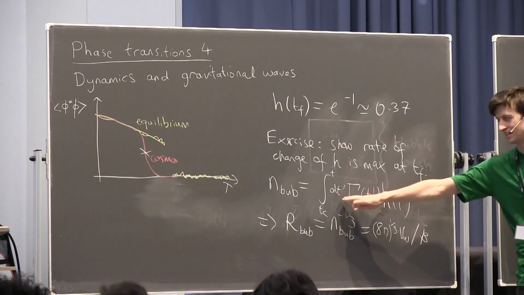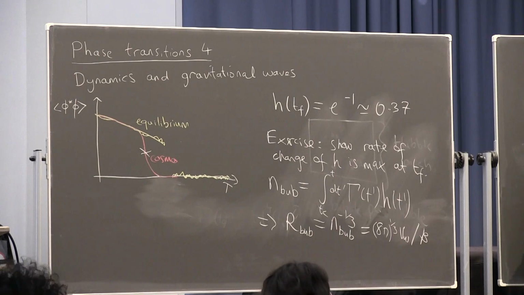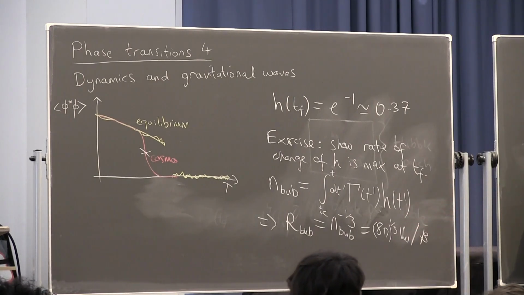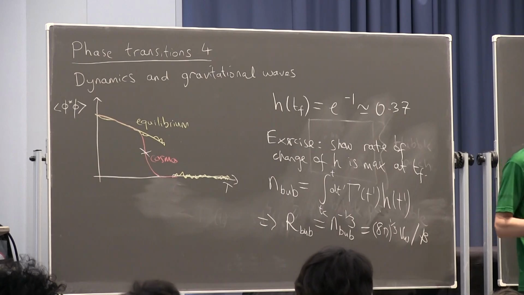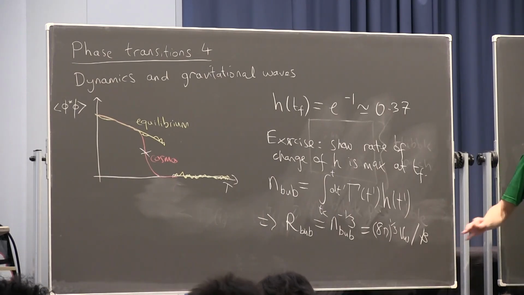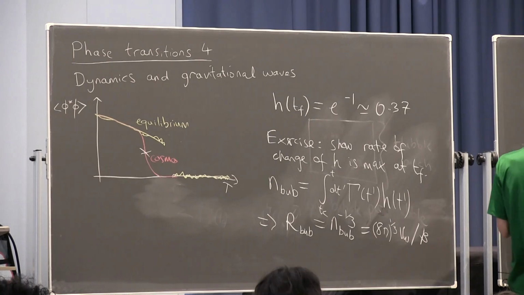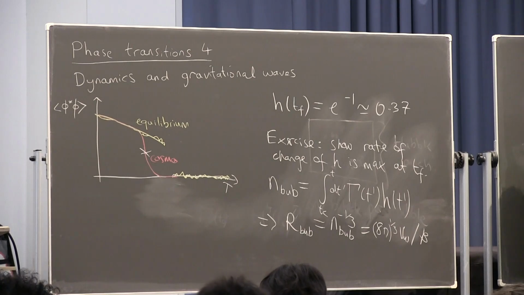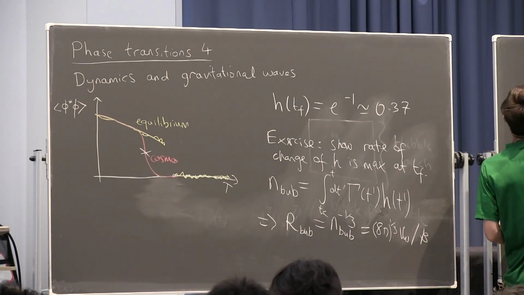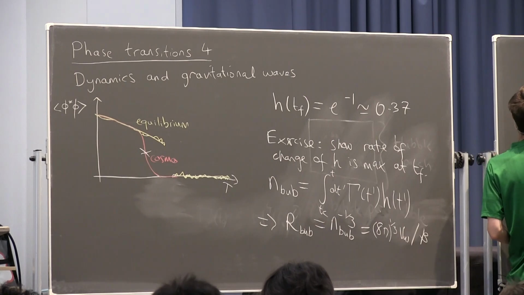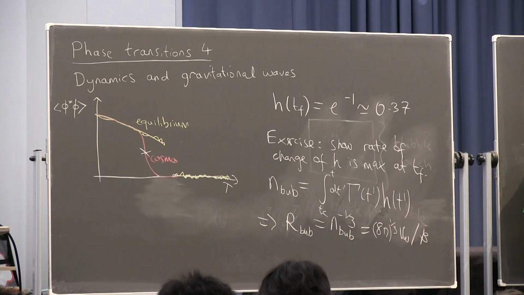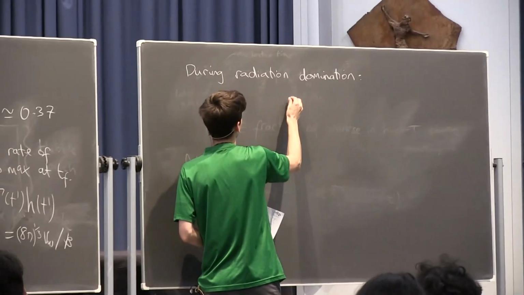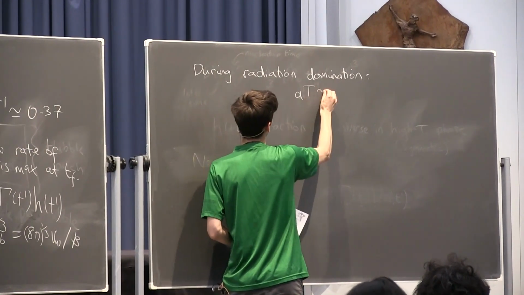Now, everywhere I've had t, and t is slightly awkward given all of our computations before were not in terms of time, but in terms of temperature. So we want to switch out time for temperature to get a better handle on what's going on and to relate it back to what we were doing before. So we're thinking of a radiation-dominated universe after the hot Big Bang when it's cooling down, and during radiation domination we have that the scale factor times the temperature is about constant.